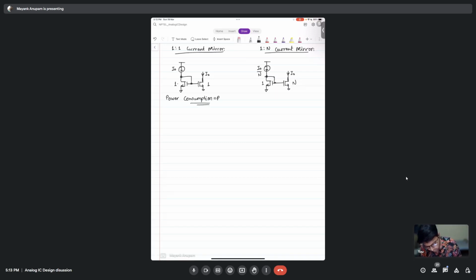Sir, power consumption means the power consumed by both transistors, right? Whatever things are there inside it, everything will consume some power. So total power consumed. There are two transistors here, then there is this current source also, right?